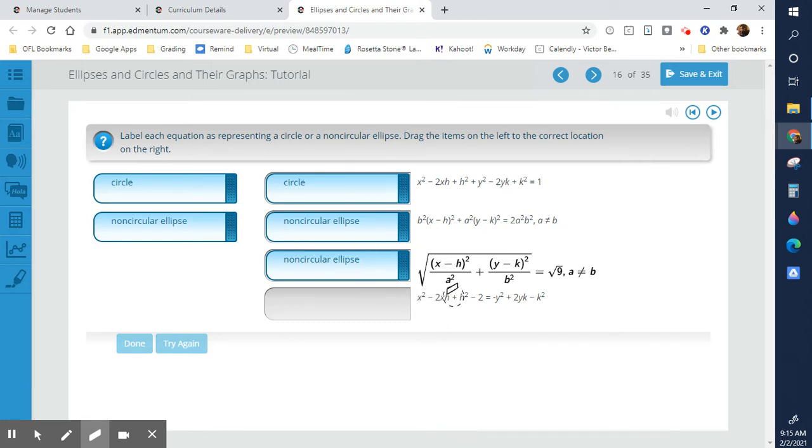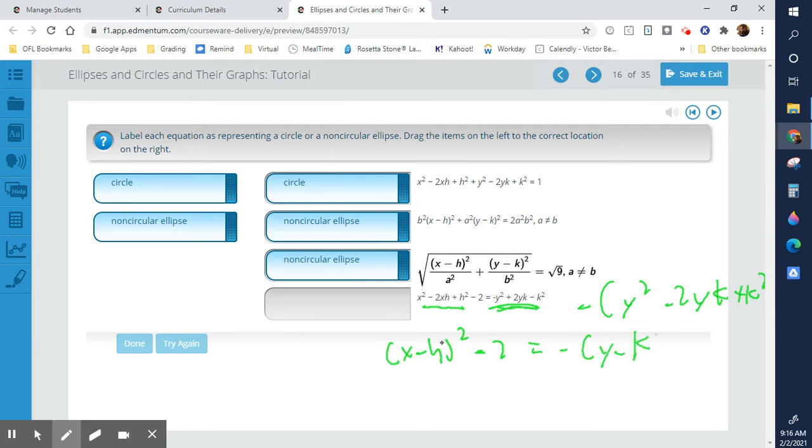If you look at this one, this gives you a perfect squared. So if I'm looking at this, that's a perfect square. That's x minus h quantity squared. And I have a negative 2 here. If I look at this one, I can factor out the negative, and then I have y squared minus 2yk plus k squared. So this is also a perfect squared, y minus k quantity squared. You can bring this over, bring that over.